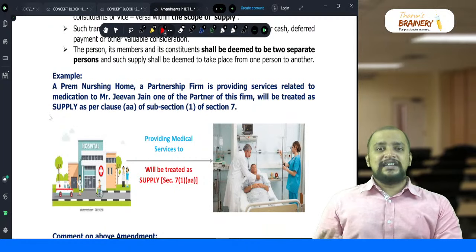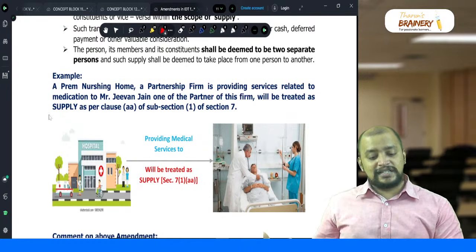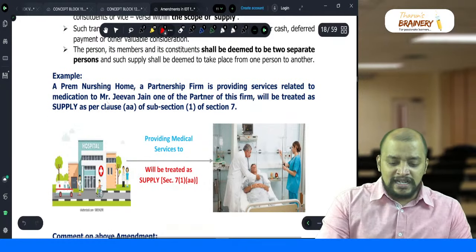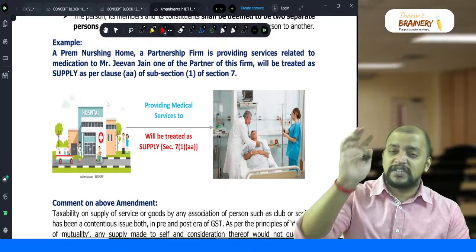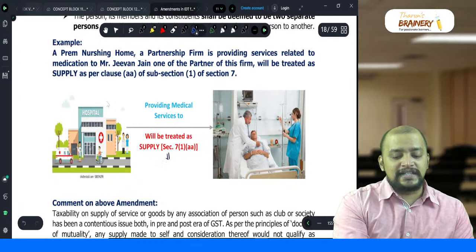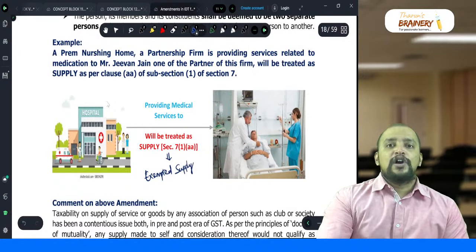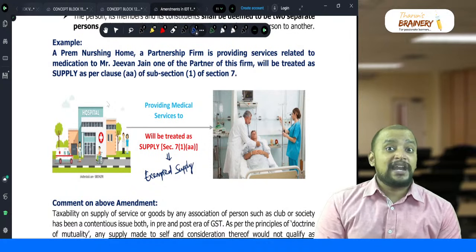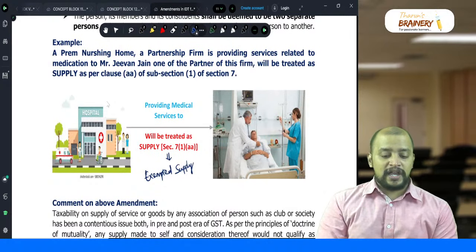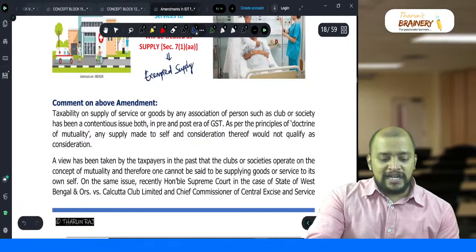Yes. See, every activity will come under supply, but we need to check whether it is taxable or exempted. This is an exempted supply, correct or not? It is first a supply, and thereafter we need to call it an exempted supply. Why is it exempted? Because healthcare services provided by a clinical establishment, authorized medical practitioner, paramedics are covered under exemption. Okay, so this is about 7(1)(aa).